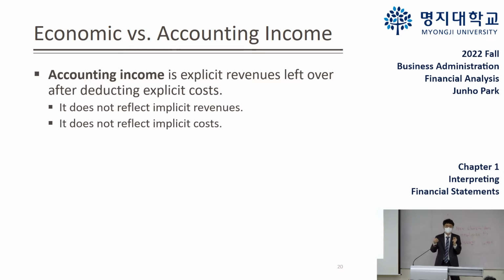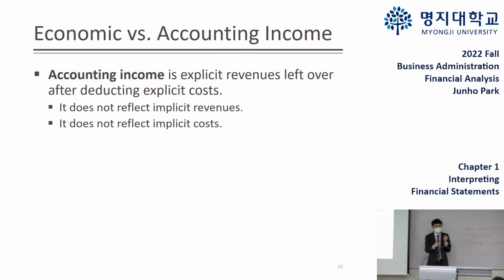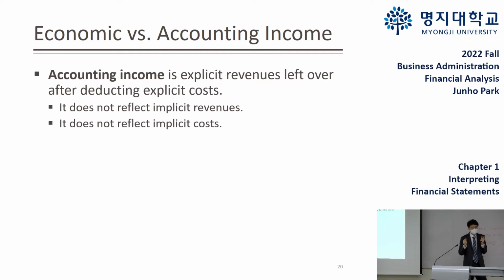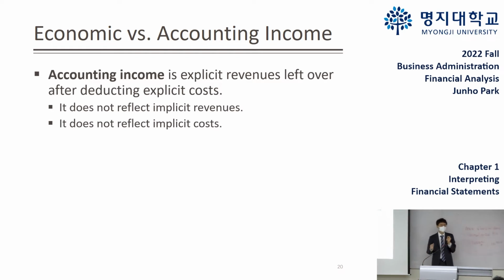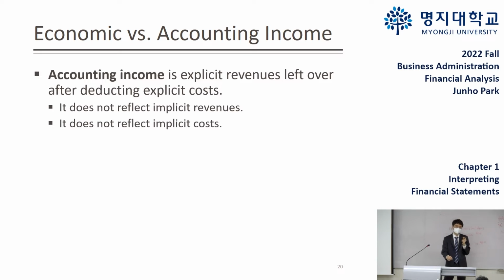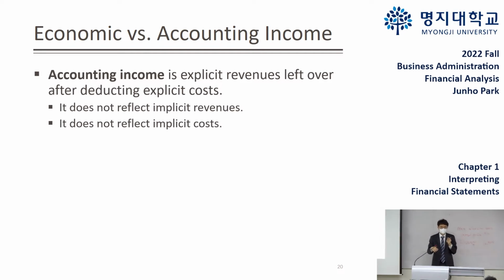So I earned $40 from the $1,000, and there was no explicit cost because I didn't lose any money that I had. But we actually lost something, because you had $1,000 just 1 year ago, and you were able to use it in other ways. For example, you were able to invest in stocks such as Samsung Electronics or Tesla, and then right now you would get more money from the investment.